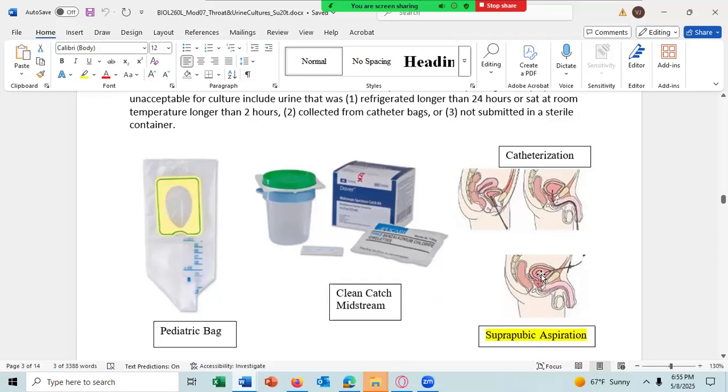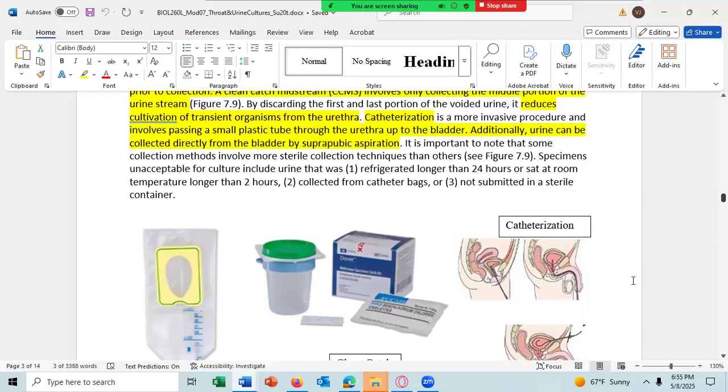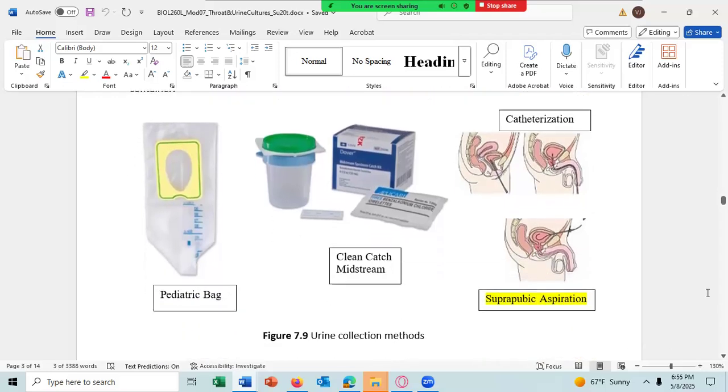That way should not introduce bacteria into the urine. The patient doesn't like this procedure because obviously it's using a needle stuck through their abdomen going into the bladder. The patients don't really like catheters either, but they'd probably prefer that to the suprapubic aspiration.